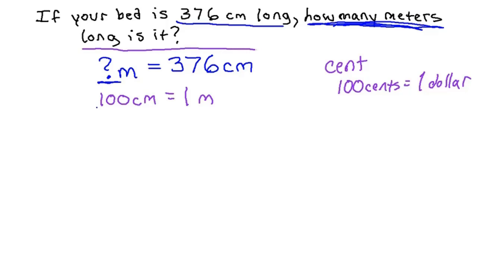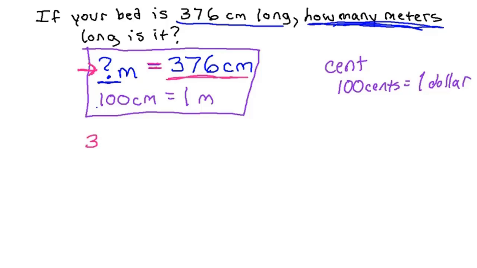So now that we have this information, we can go ahead and set up our problem and just do the math. We always start with the question mark row, and we hop over to what we know, which is the 376 centimeters. So we're going to write that down, 376 centimeters, and we're just going to put it over 1. And then we're going to write down another multiply sign and a fraction bar.